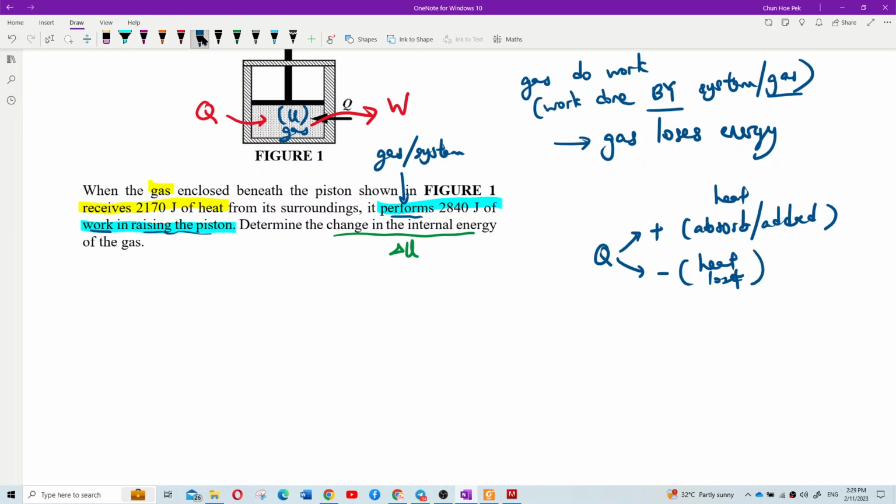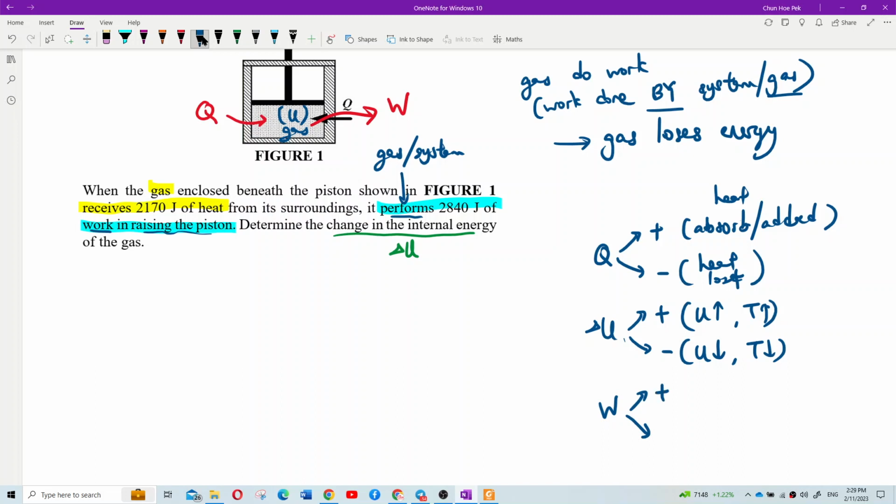Delta U, when is it positive? Positive means internal energy increases, temperature increases. When is it negative? Negative when internal energy decreases, temperature decreases. About the work done, when is it positive, class?